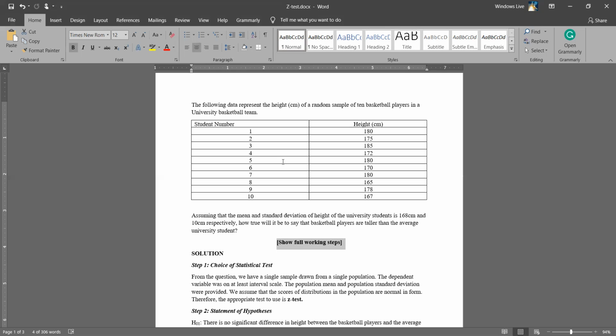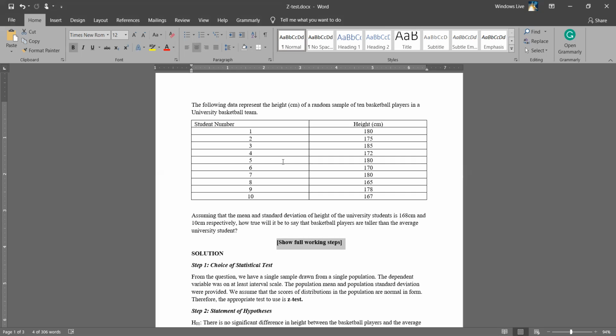With a z-test, we always compare a sample with a population. It means that within the question, they have drawn a sample from a population. Also, the thing they are measuring, which is the dependent variable, is always on either interval or ratio scale.